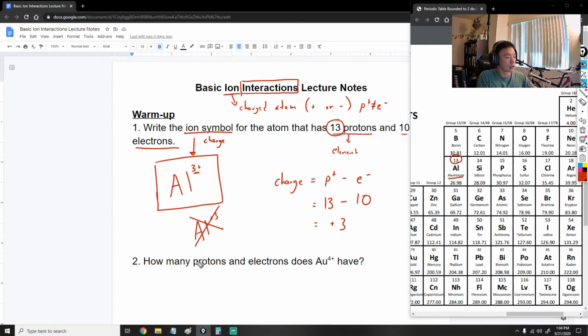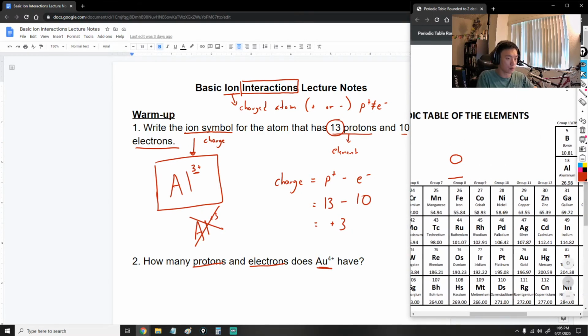Alright, for this problem we're going to go in reverse. This time it's asking us how many protons and electrons the atom Au4+ has. First we need to look for Au on the periodic table. You should notice that Au is somewhere in the middle, and Au is gold.